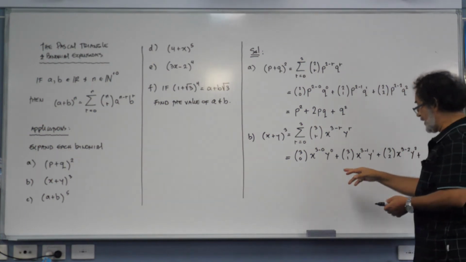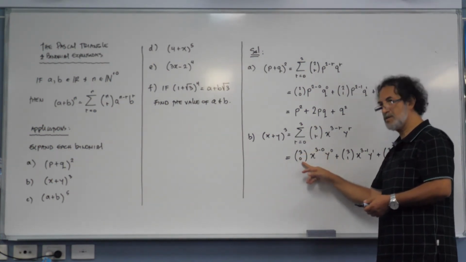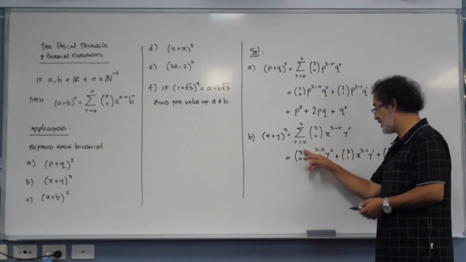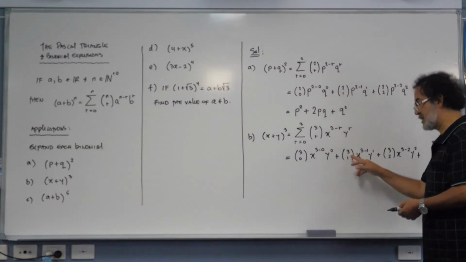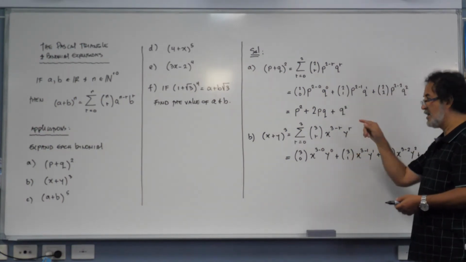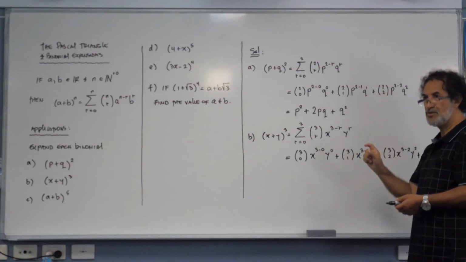Okay, so when we use this notation, we normally say 3 take 0, and here we say 3 take 1. Remember that when we do the 3C2, we're talking about having 3 and taking 2.